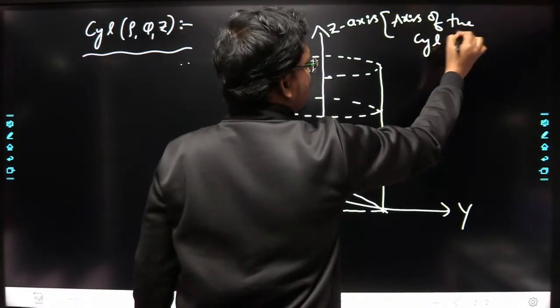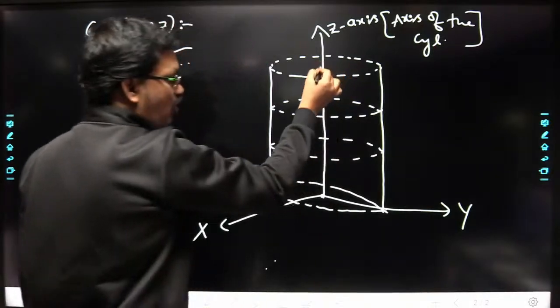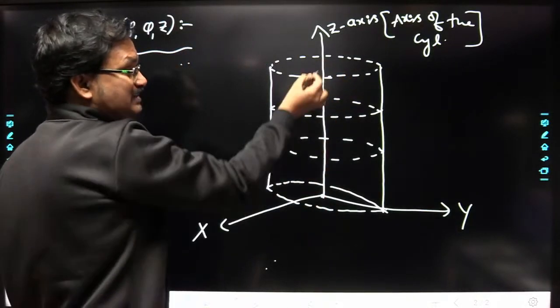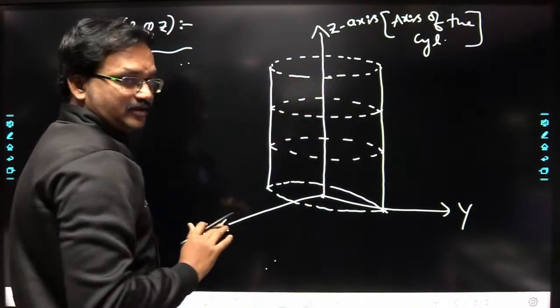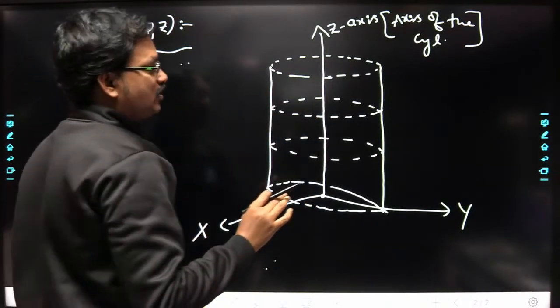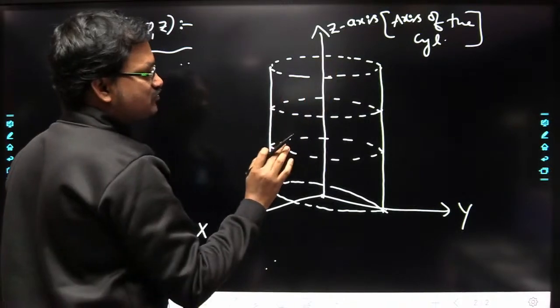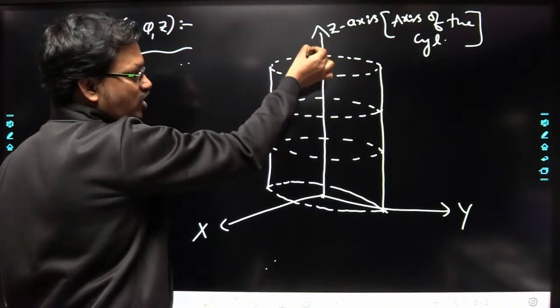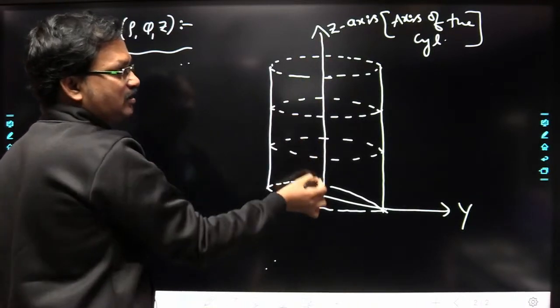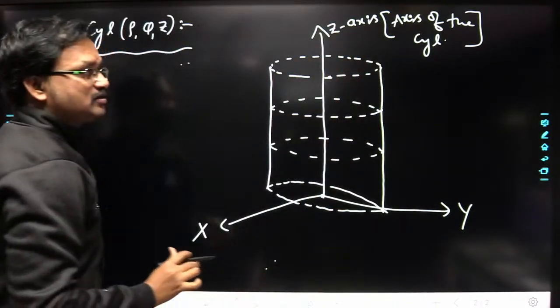Axis of the cylinder is the line that you get by joining the centers of all the circular rings.